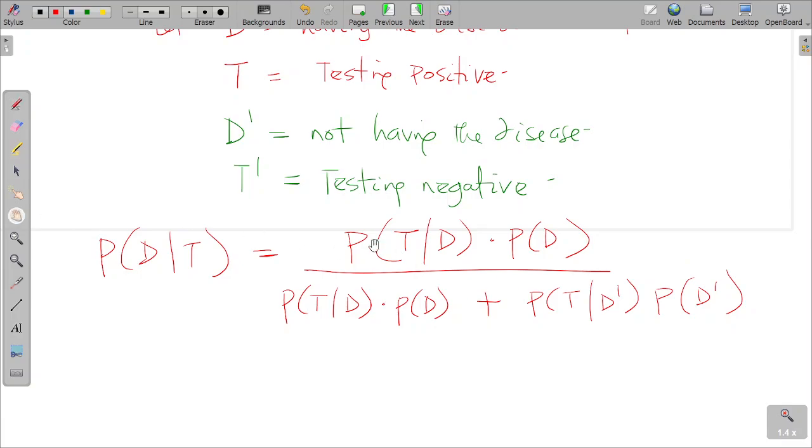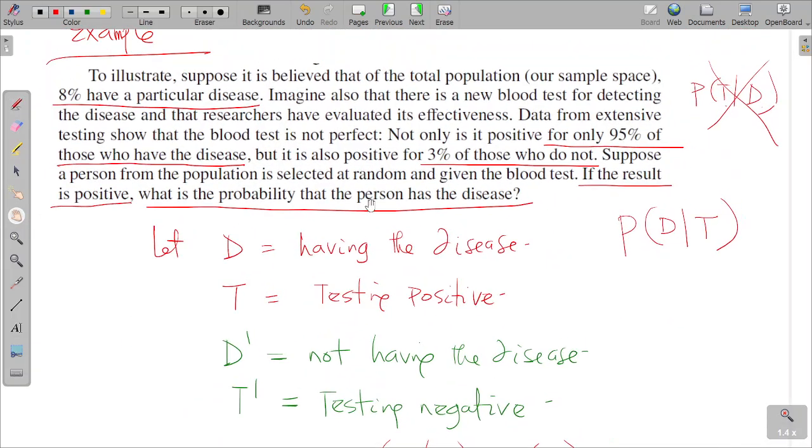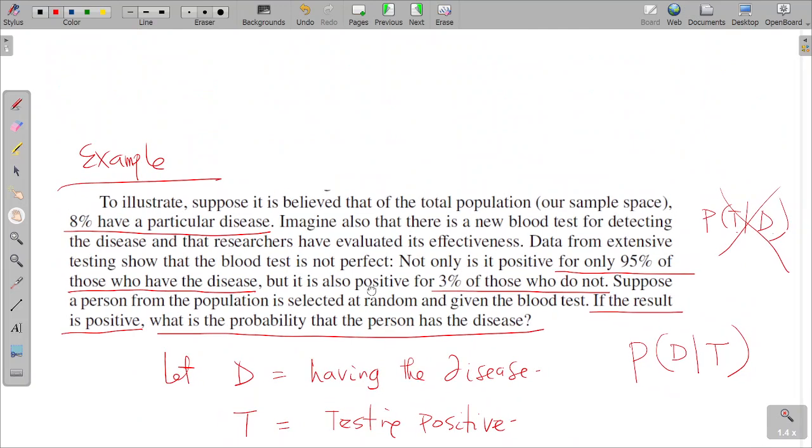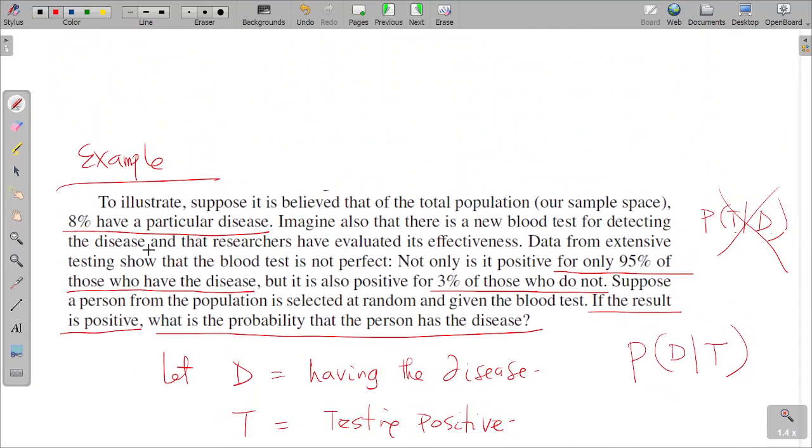Now we need to find the values of all these. Let's read the question again and find the values. From here we have the probability of D, probability of those who have the disease, is 0.08. That means probability of D complement, those who don't have the disease, will be 1 minus this, which will give us 0.92.